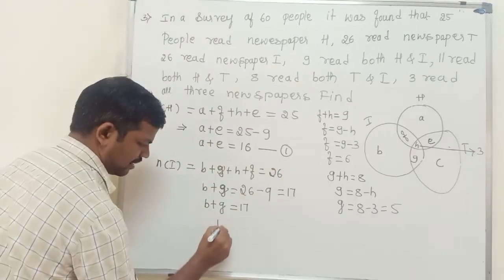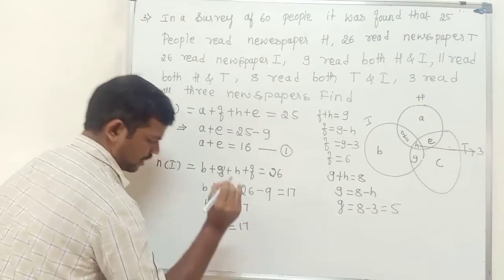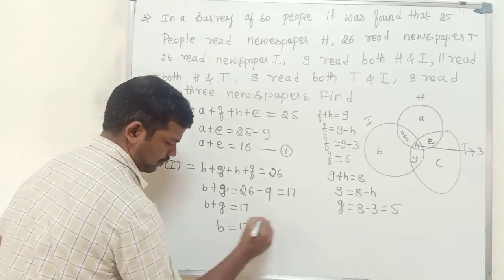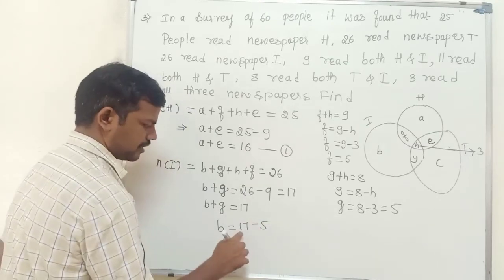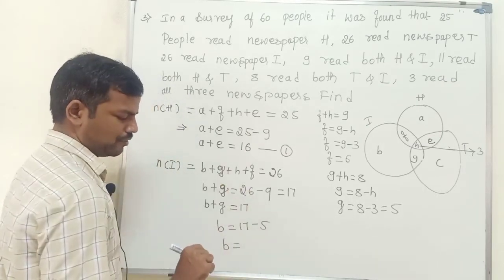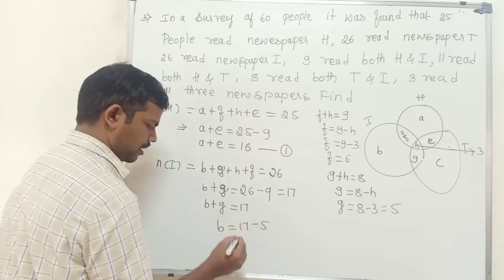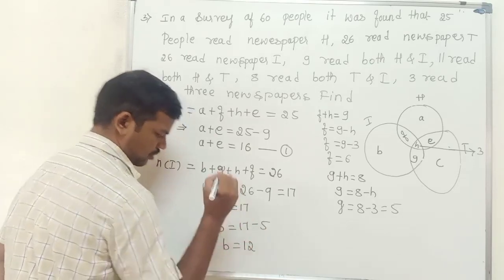So we get b: b is equal to 17 minus 5, which is 12. We got b.